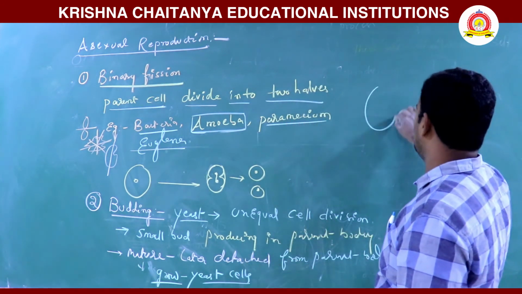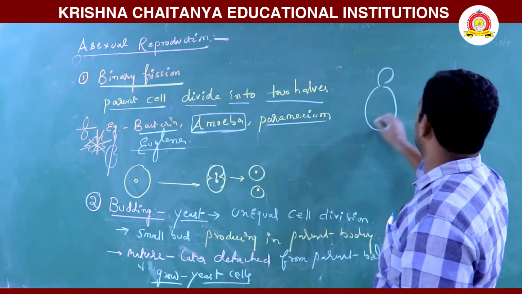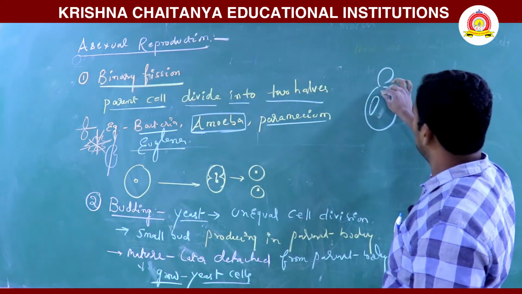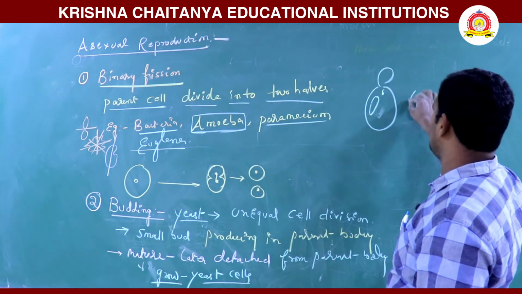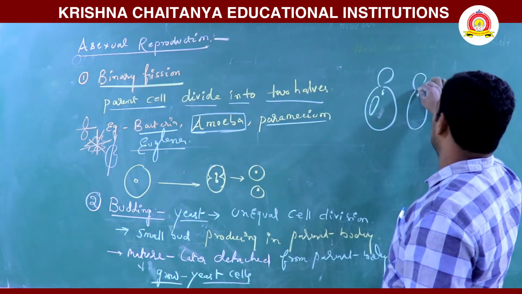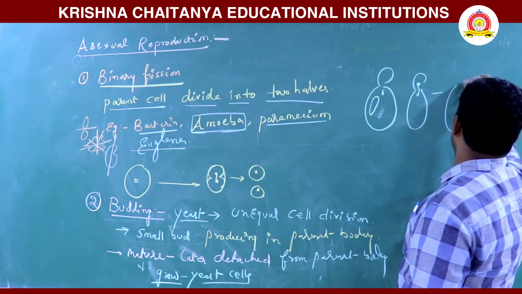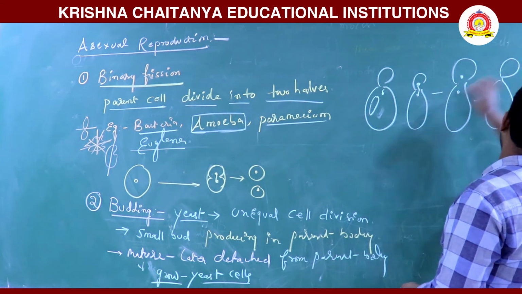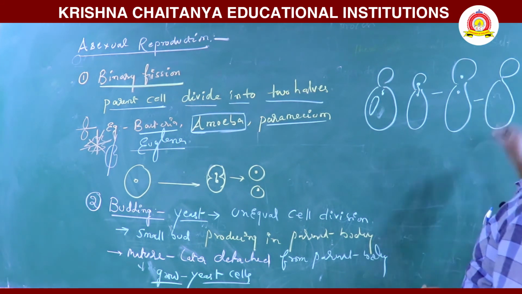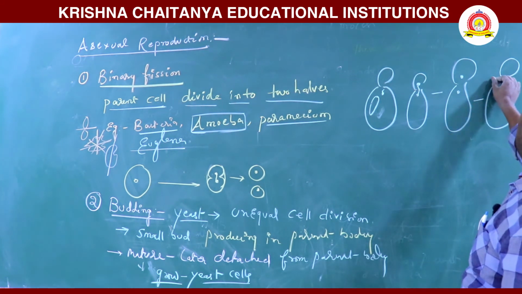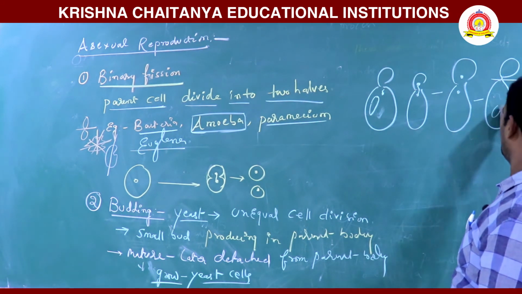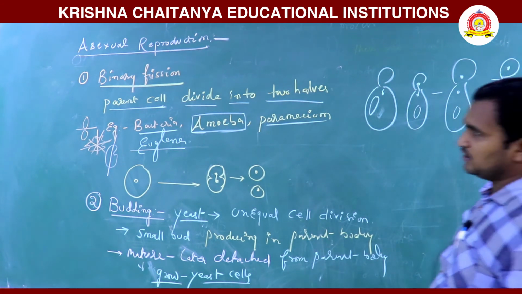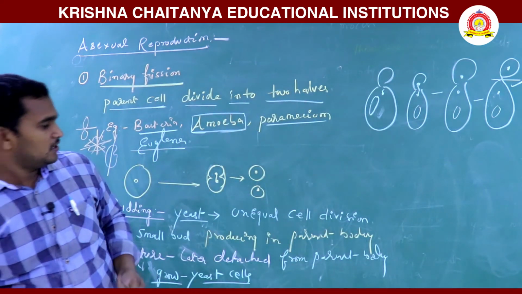For example, see this: here is a vacuole and the nucleus. In the next step, nuclear division takes place, then the nucleus is divided. Initially the bud is attached to the parent, and when it is fully mature it is detached from the parent and grows into a new individual.